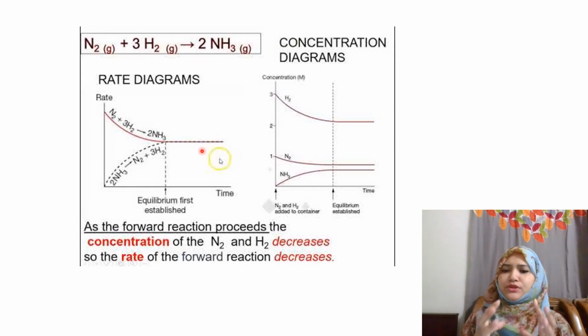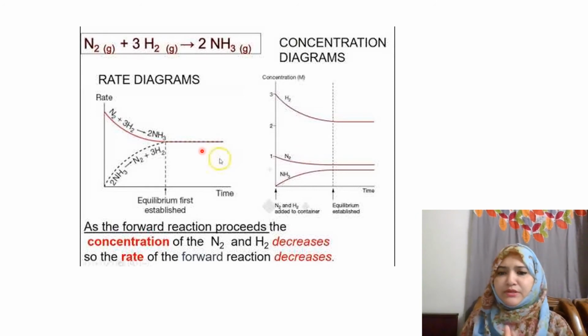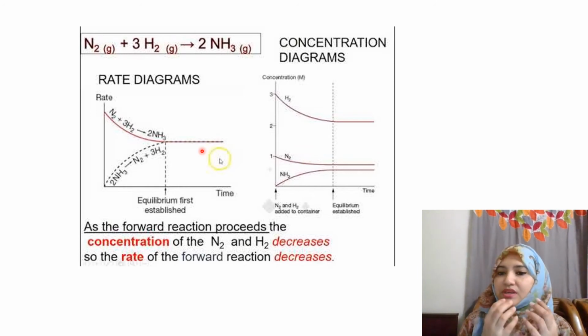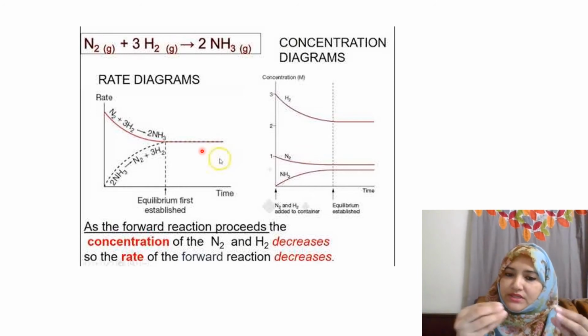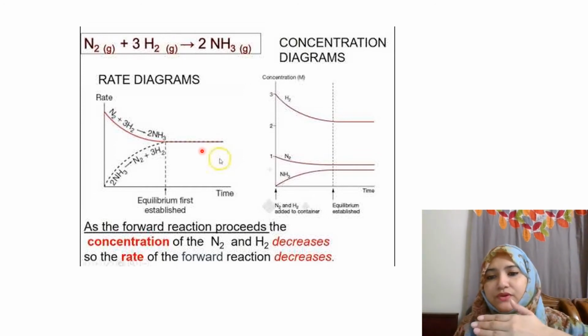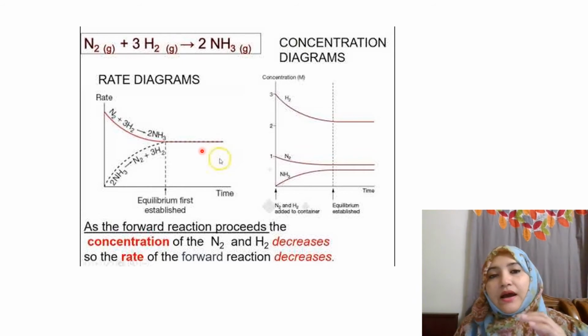From this we know that chemical equilibrium is dynamic in nature. The reaction basically never stops. It's just that we don't notice any changes at that point, because everything that happens in one direction, that means the forward direction, is perfectly balanced out by what happens in the other direction.